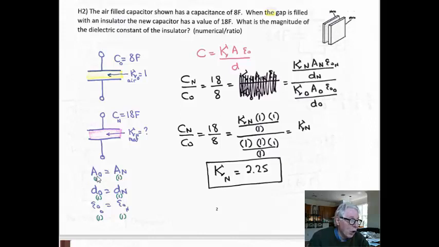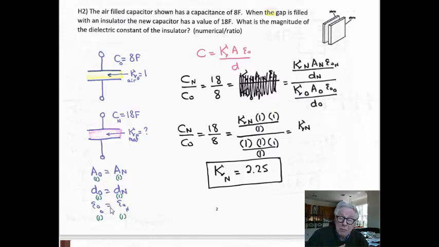Well, A of the new is not changed, so it's the same as the A of the old. The separation new is the same as the separation of the old, because it's not changed. It says the gap, not a new gap, but the gap when the gap is filled. And epsilon naught is a universal constant, but if you like, we can call it epsilon naught new and epsilon naught old.